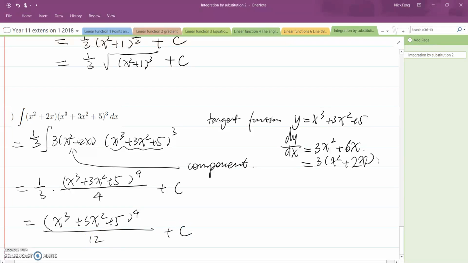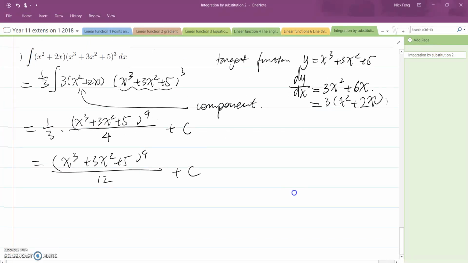And if you do integration by substitution, you'll definitely get the same answer. In fact, that is just the working out process of reverse chain rule, basically. So that's what I said. Reverse chain rule is doing integration by substitution without the substitution process. Okay, let's do a few more to get you familiar with this.